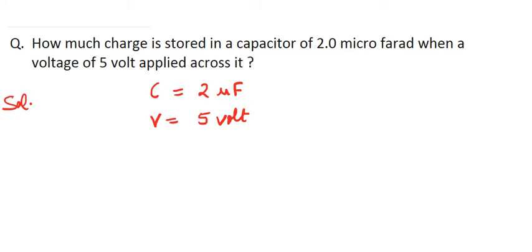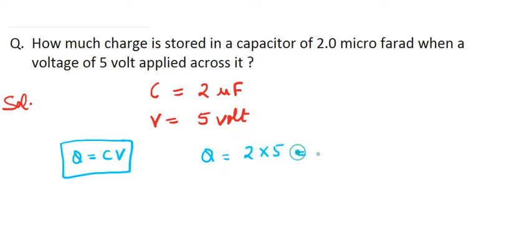Now from the equation we know that Q is equal to C into V, that means capacitance into voltage. Put the values of C and V, which are 2 and 5. The value of charge is 10 microcoulomb.